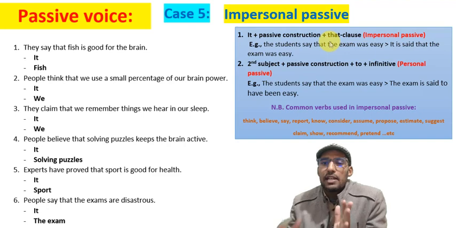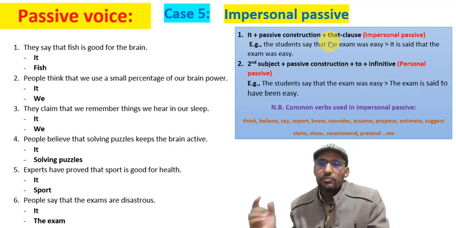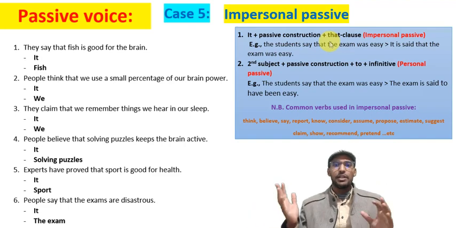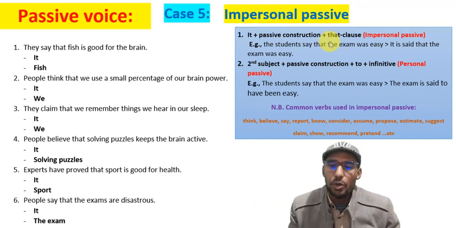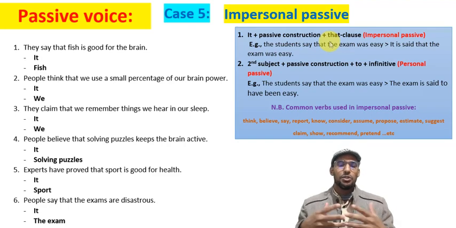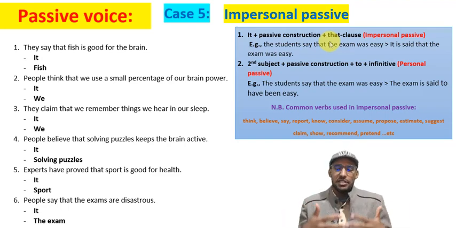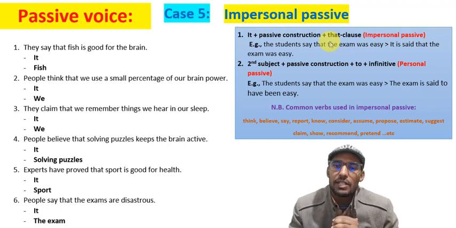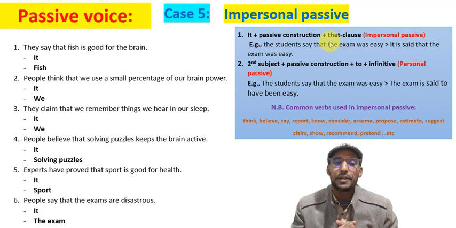Plus what? Plus that clause. Plus that clause without any change this time. This is what makes suggestion number one an easy way to follow. It's easier for you to follow than the second suggestion, which seems a little bit challenging.